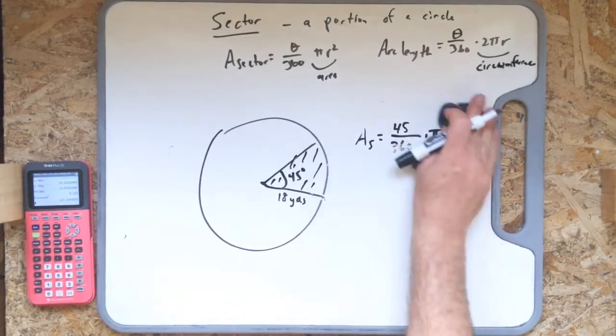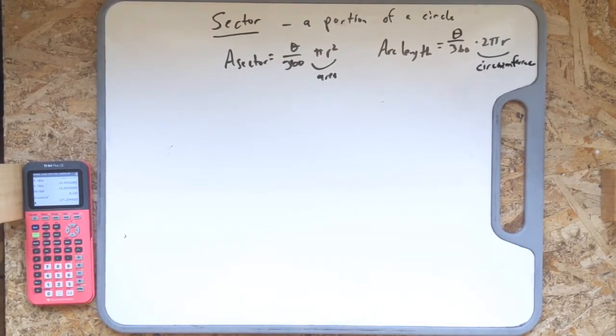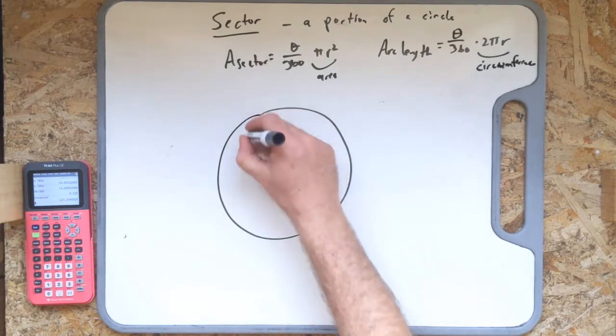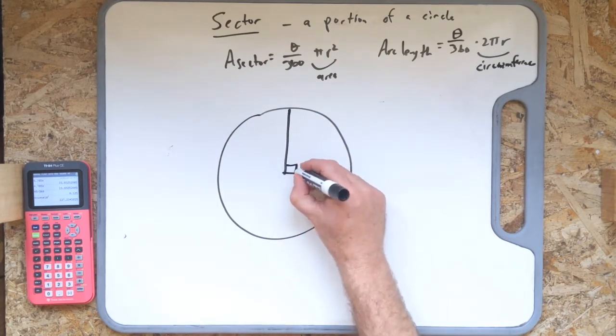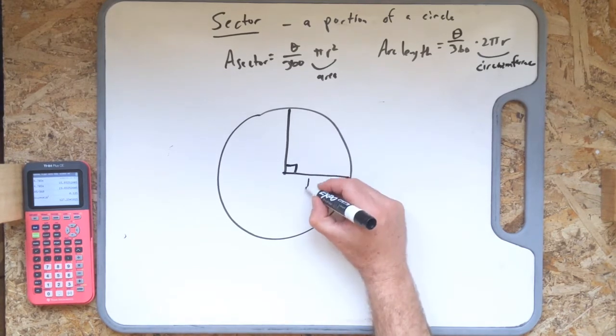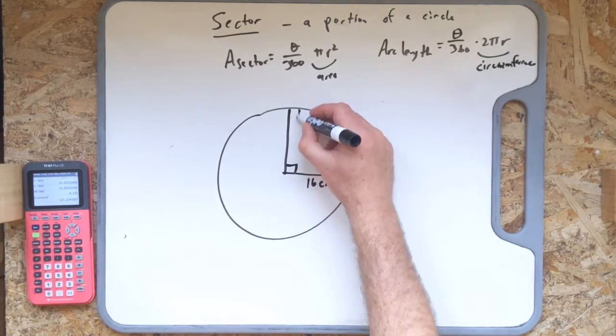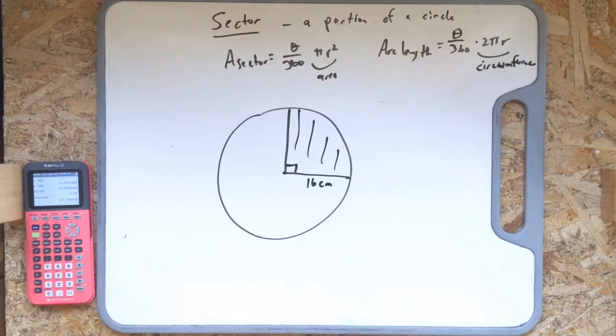Okay, so I'm going to give you a problem now. Again, this is the center. That's a right angle, and I'm going to make the radius 16 centimeters. And I want you to find this area. Okay, pause the video here and try to solve that problem.